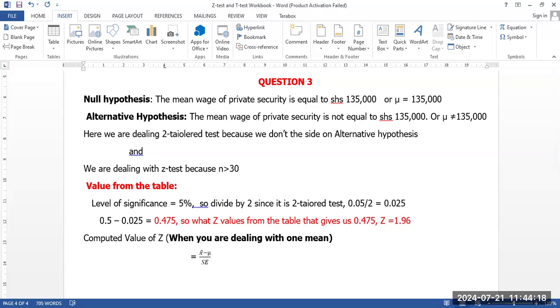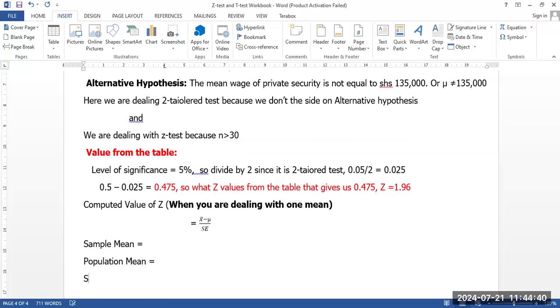So, do you have X bar, your sample mean, in the question? Do we have the population mean? Do we have the standard error?